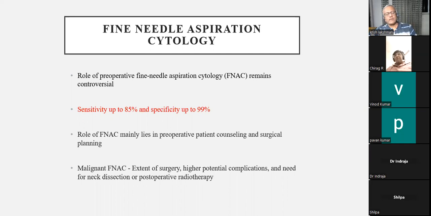But FNAC is well accepted as a mode of investigation. As you said, ultrasound guided FNAC is the investigation of choice.